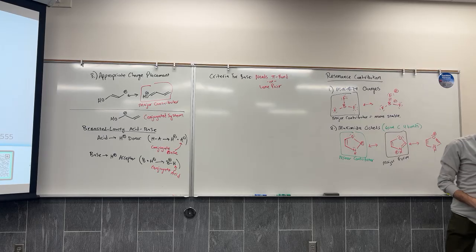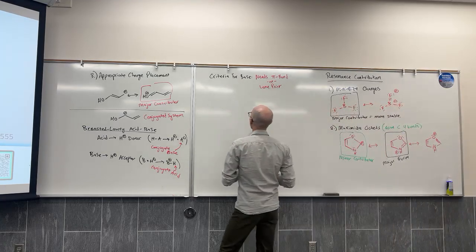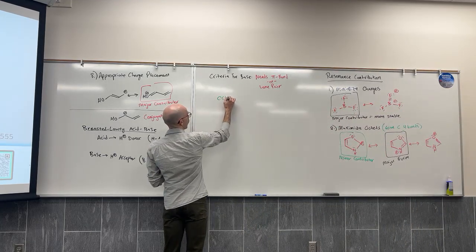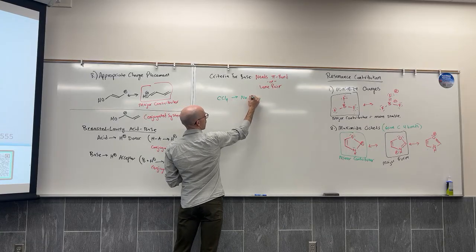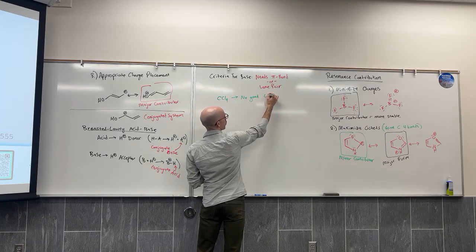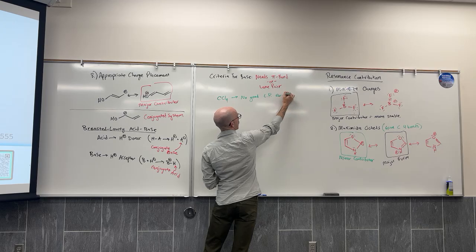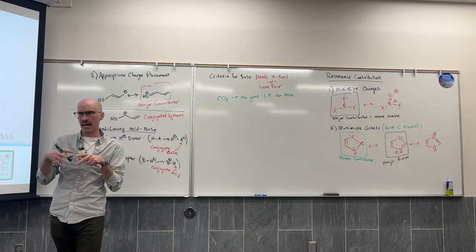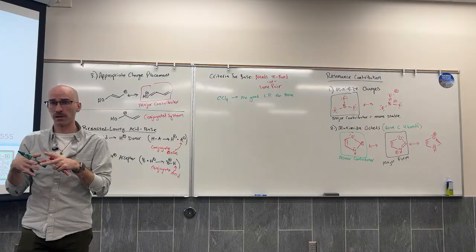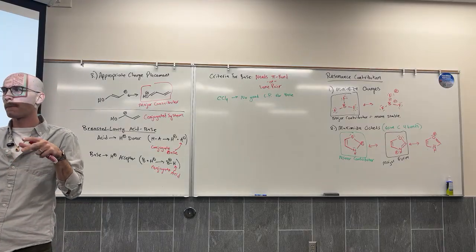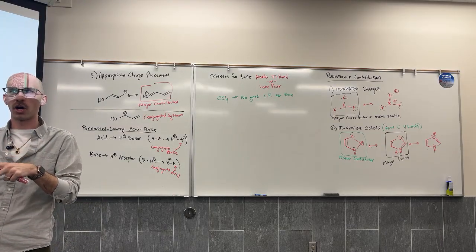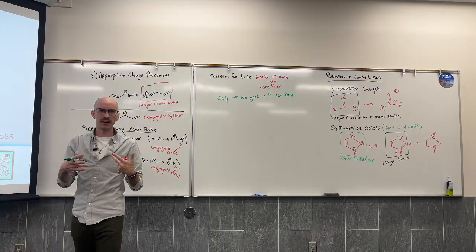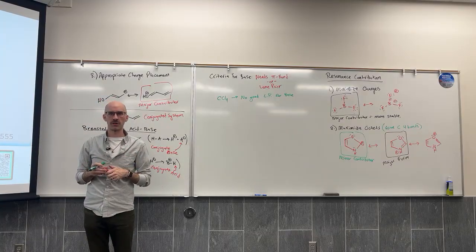For instance, we have talked about this compound, CCl4. This has no good lone pairs for being a base. Because those halogens all have 3 lone pairs, but those halogens are all bonded to a carbon, so they're kind of stuck there. They're not going to share their lone pairs very well.